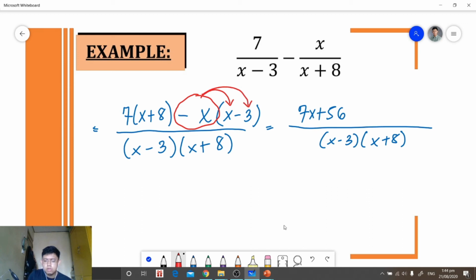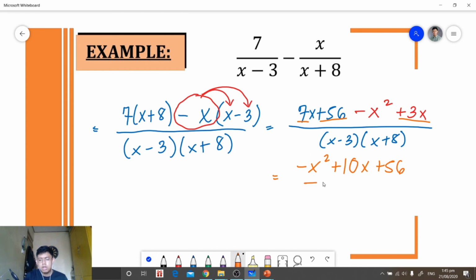So we will have negative x squared plus 3x. Now let's combine like terms. Since we don't have any like terms for the x squared, we have negative x squared. 7x plus 3x is equal to 10x. And we will just copy 56. And our denominator, x minus 3, x plus 8.